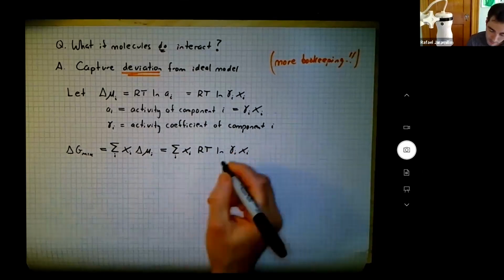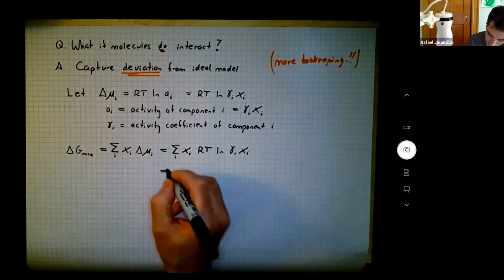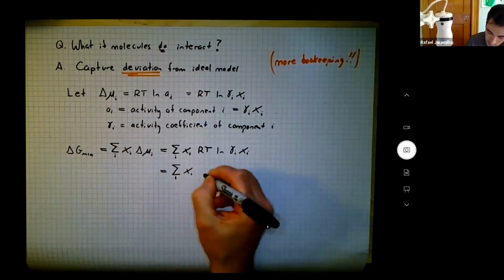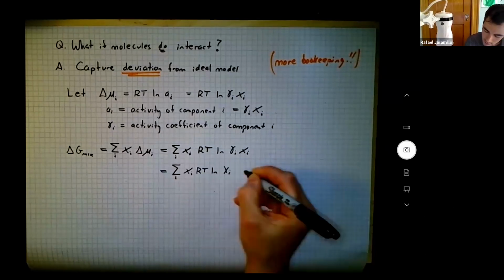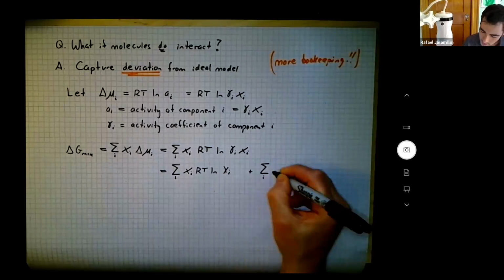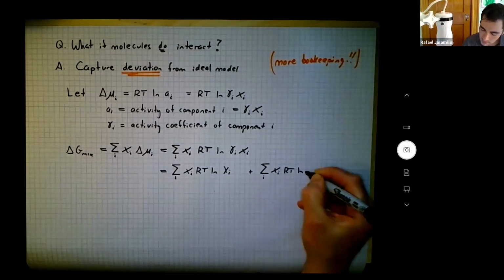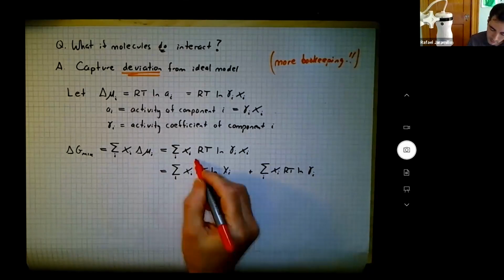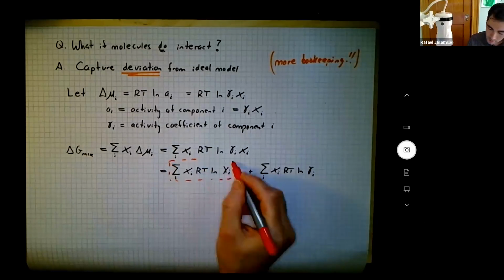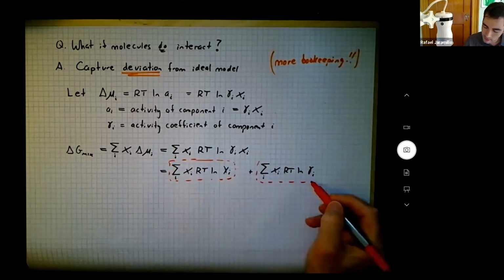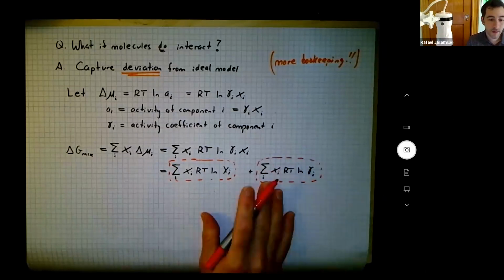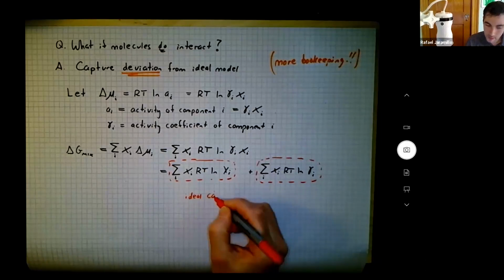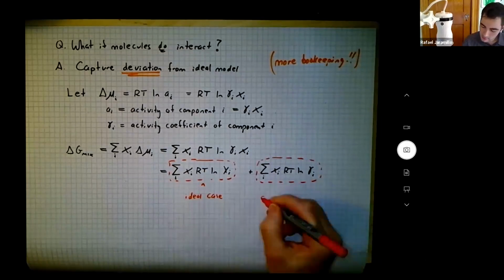And we're going to use the property of the log function, and we're going to see that this turns into x_i RT log x_i plus x_i RT log gamma_i. So the reason why they do this to us is because when we model solutions in this particular way, we have this neat separation between the ideal case and deviations from ideal.